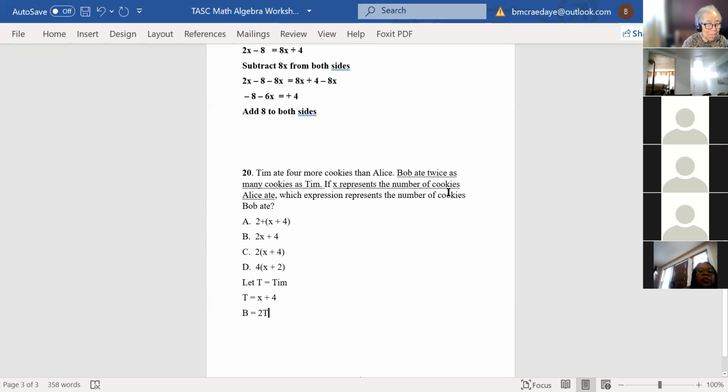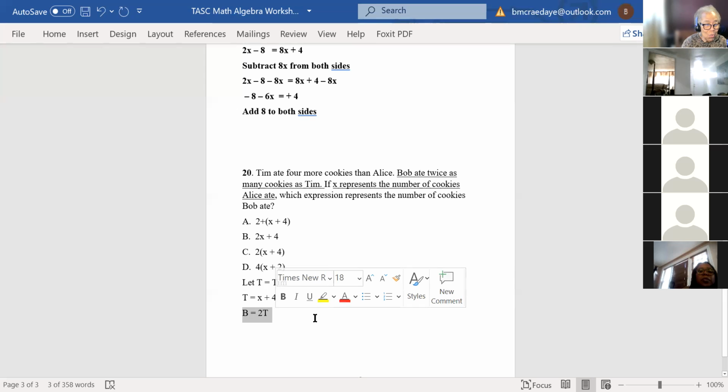Which expression represents the number of cookies Bob ate? Anybody have a problem finding it? I gave you Bob in terms of T, right?